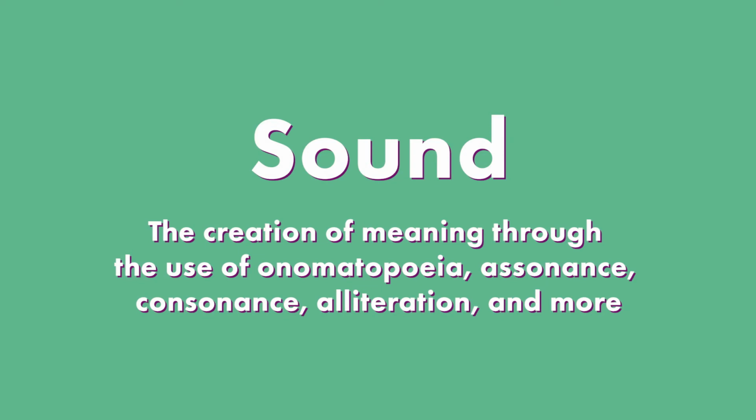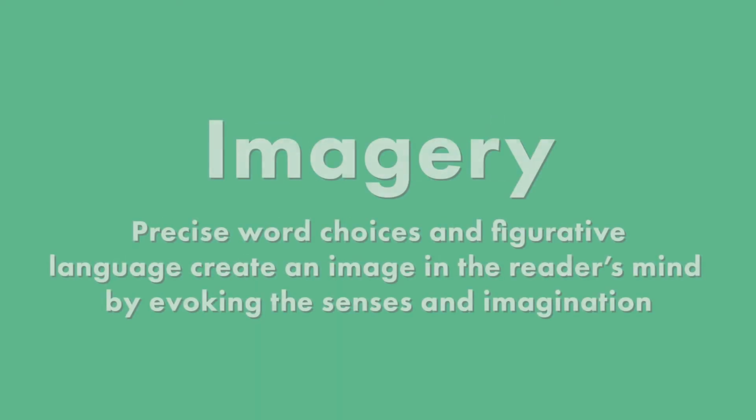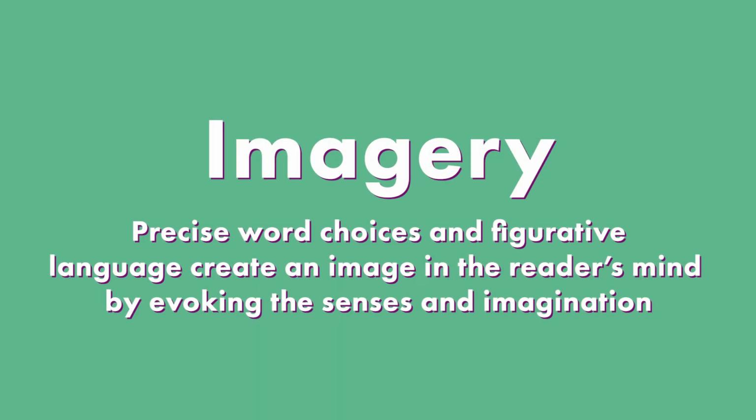Sound. Meaning can be created through sound, and this is often achieved through the use of onomatopoeia, assonance, consonants, alliteration, and more. Imagery. Imagery is when word choices and figurative language create an image in the reader's mind by evoking the senses and imagination.